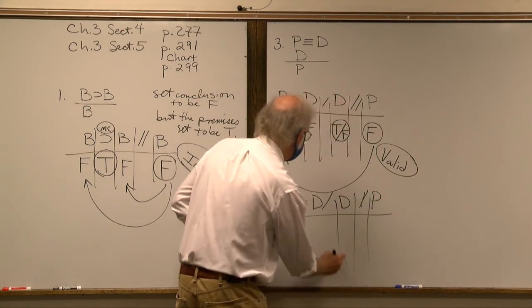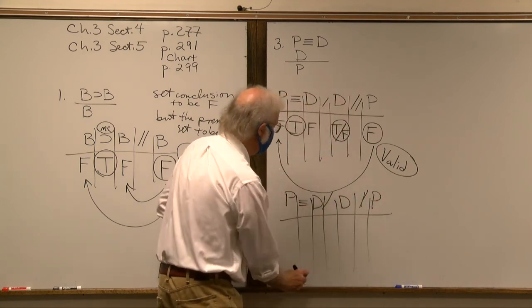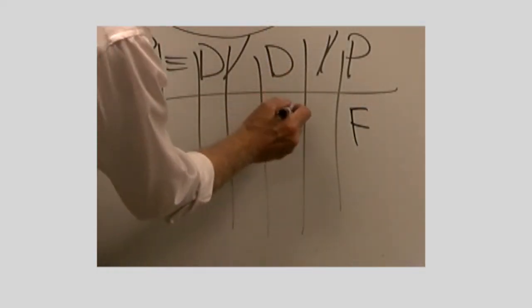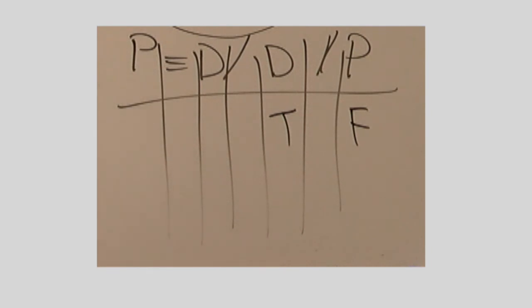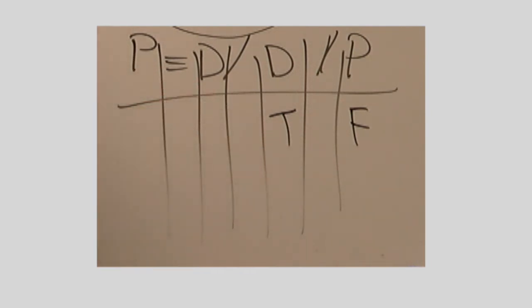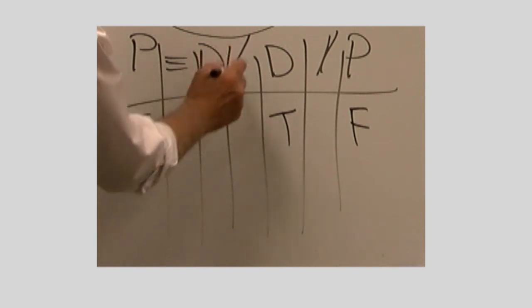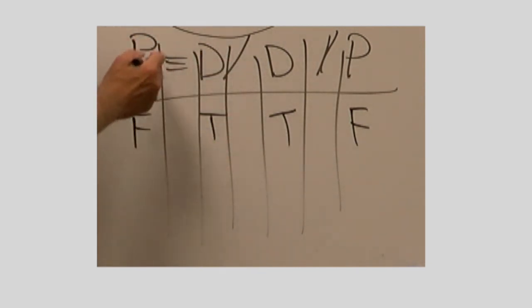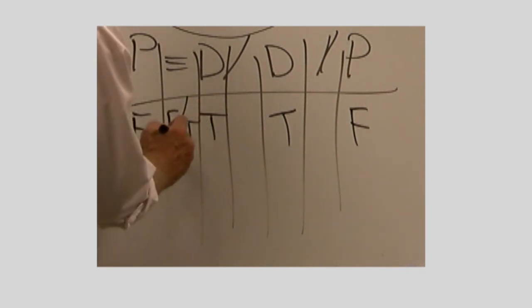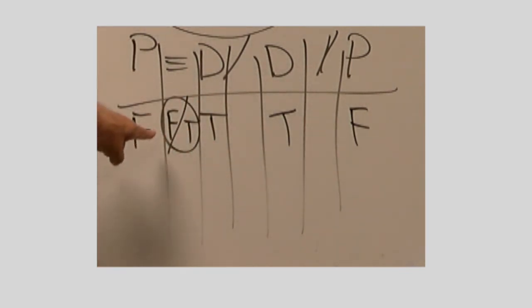Let's say instead that what I did was to set D to be true because it's the second premise. I start here and then go to the first premise. Well, now I've got a false P, a true D. That would make the triple bar false, but it's got to be true. So now the contradiction occurs here.